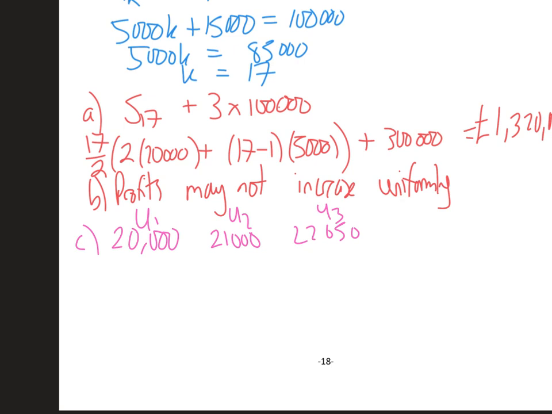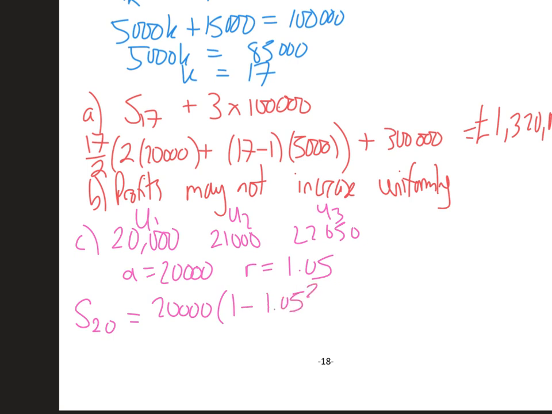So this is a geometric sequence now, where the first term is 20,000 and the common ratio is 1.05. So if I do the sum to 20, using the formula, it's a times 1 minus r to the power n, divided by 1 minus r.